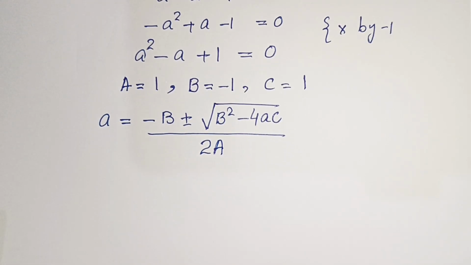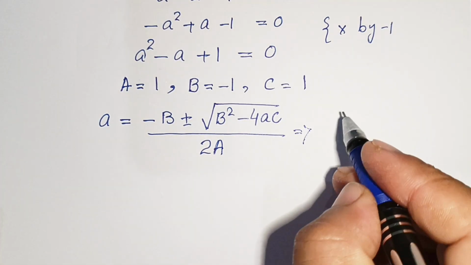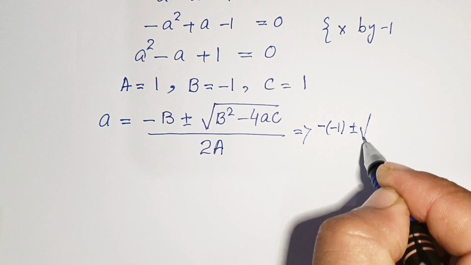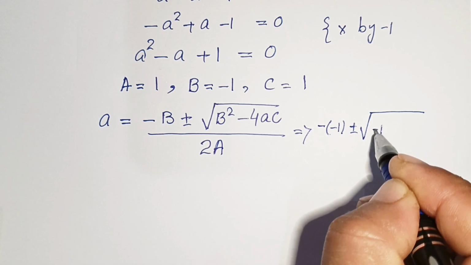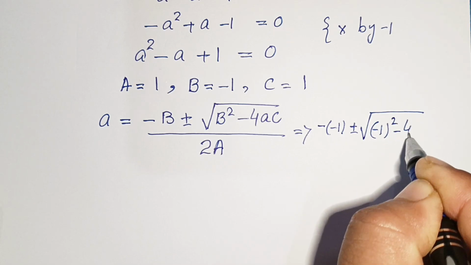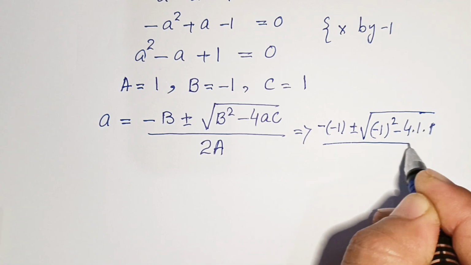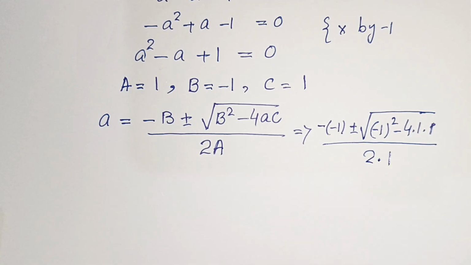Putting the values of a, b and c, we get minus times minus 1, plus minus square root of (minus 1) squared minus 4 times 1 times 1, all over 2 times 1.